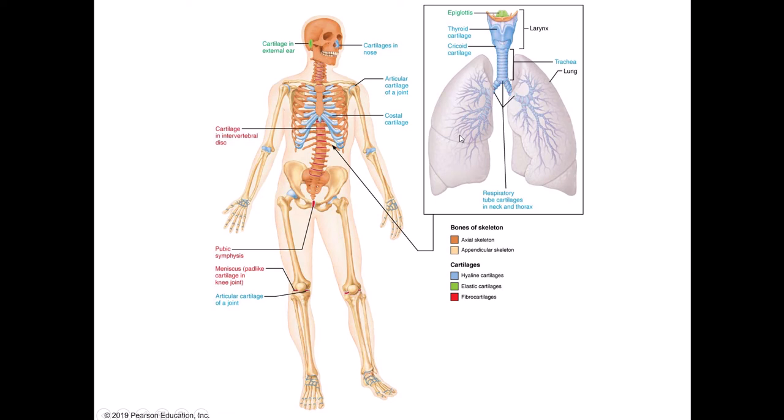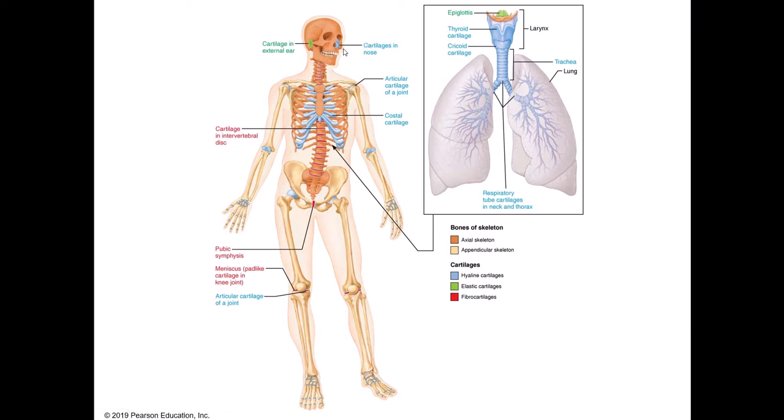We find it lining our airways inside the lungs as well, because it has this glassy, smooth extracellular matrix. It's perfect for articular cartilage, so that we have a frictionless, or at least a certainly reduced friction surface for when our bones rub together in our joints. It is also the cartilage of our nose, so our nasal cartilage.